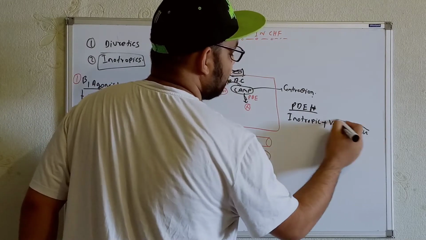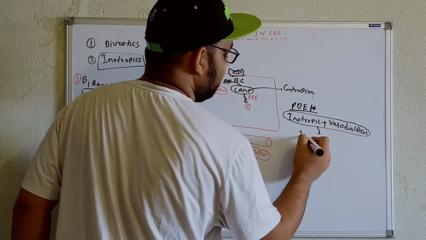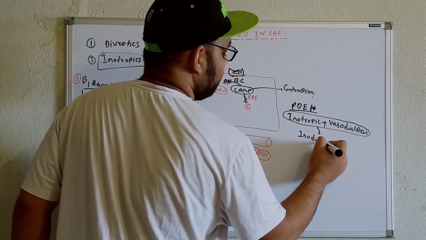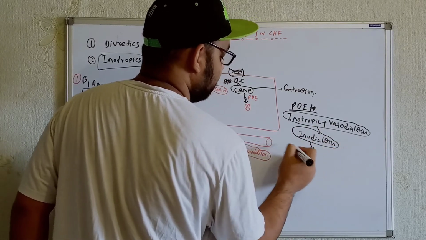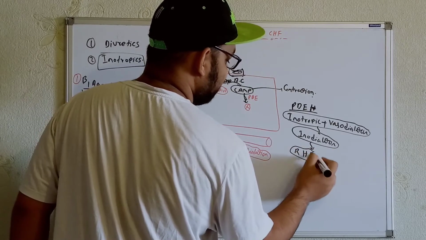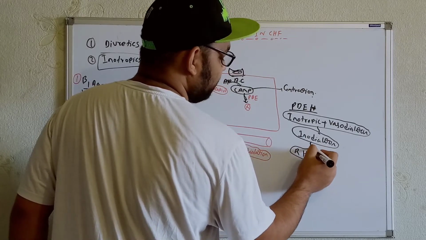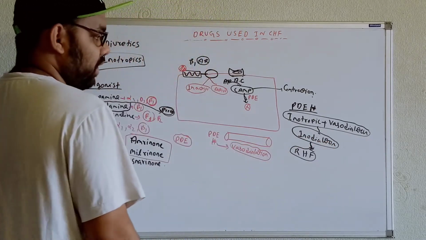In a nutshell, we can call them inodilators. They are the preferred drugs in terms of right heart failure; they are more beneficial and more important in right heart failure.